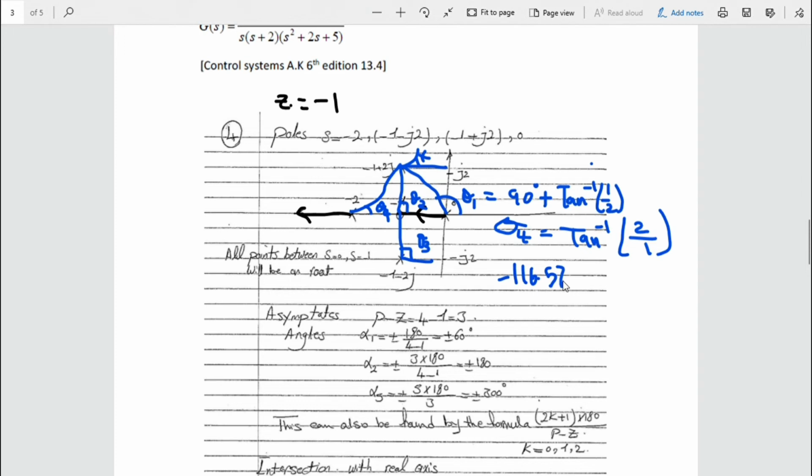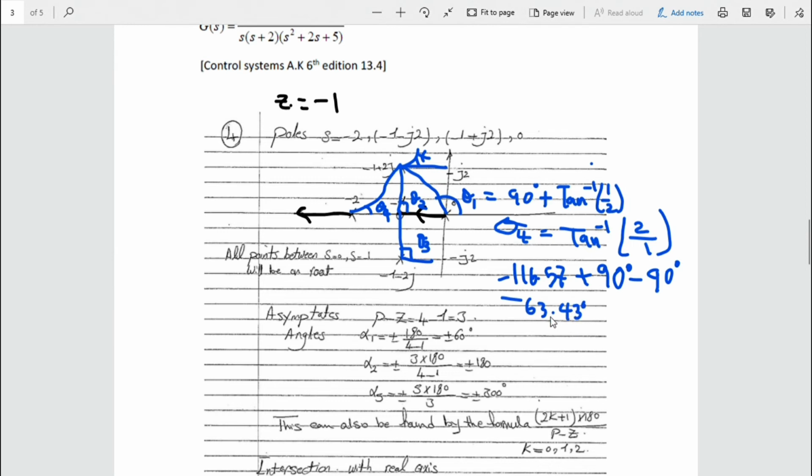Then theta 2 is again of a zero, so you'll be taking positive 90 degrees, then this is minus 90 degrees. And then this is again of a pole, so it will be minus. So minus this angle A is equal to 63.43 degrees.